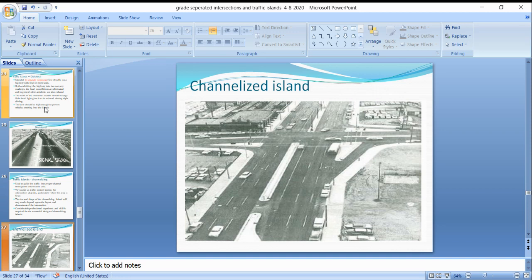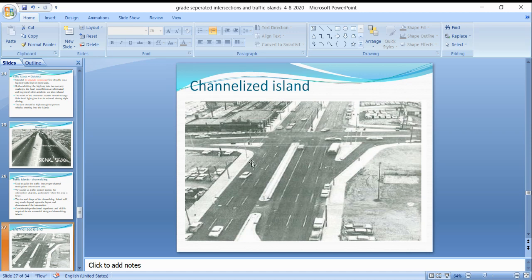Here there are more spaces. You can see islands here. In the previous one we have seen some dividers. We can observe these roads are more spacious, with a division line in between. At the right turning and the left turning, we can see it is not exactly a right angle junction.